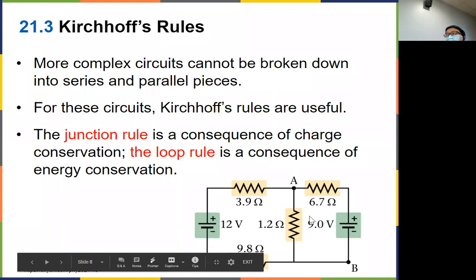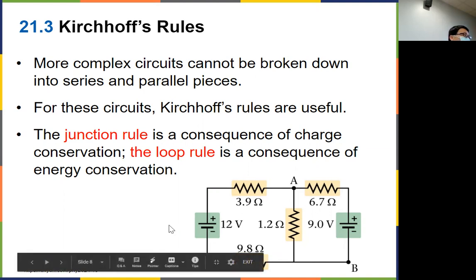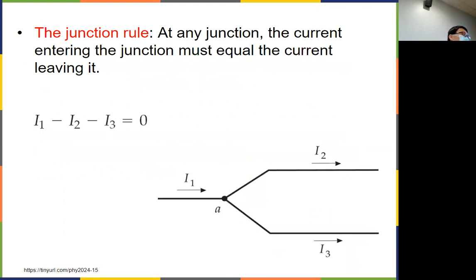You can go through this loop over here, or you can go from here through the outer loop. There are 3 loops in this circuit: the 2 small ones in the middle, and the bigger one on the outer route. So mathematically, for the junction rule, this is what you will be writing.